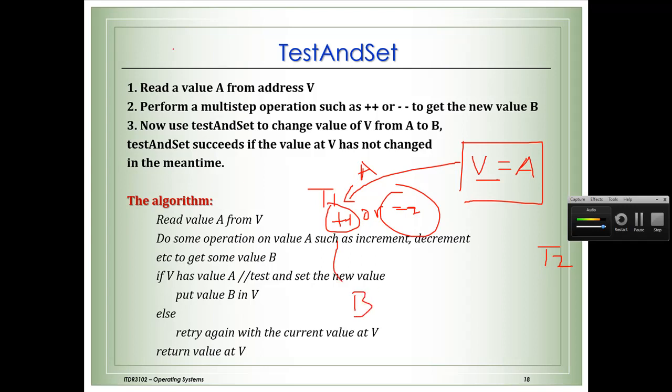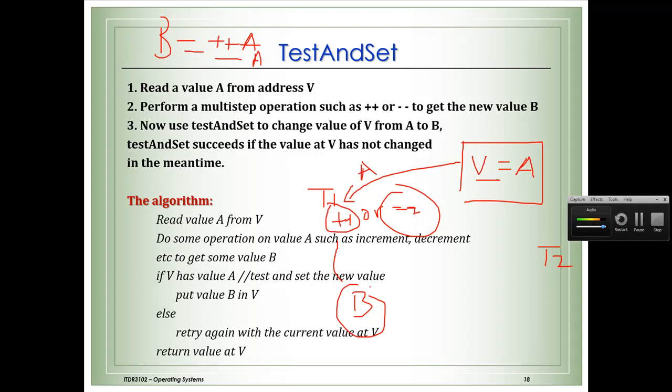For example, let's say B is equal to plus plus A or minus minus A. Clear? So the thread T1 read the value A from the memory location V, and it performs some operation, plus plus or minus minus, so that it gets a new value B. B is obtained from A by performing some operation.